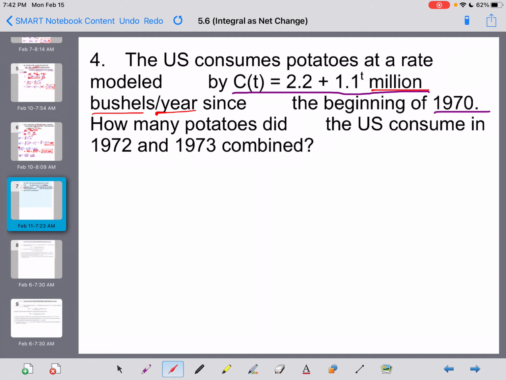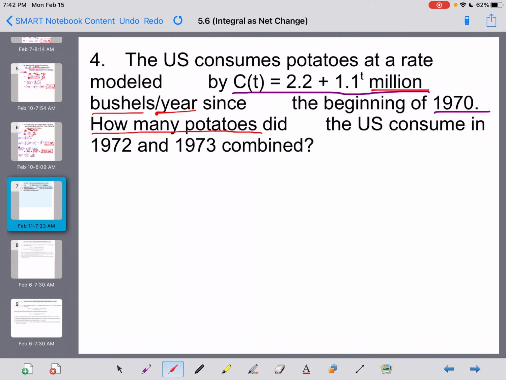C of t is a rate function. So putting a number into that C of t function and evaluating it is going to get you so many million bushels per year. What we are interested in here is how many potatoes. We're looking for an actual number, probably measured in million bushels of potatoes, but not per year.